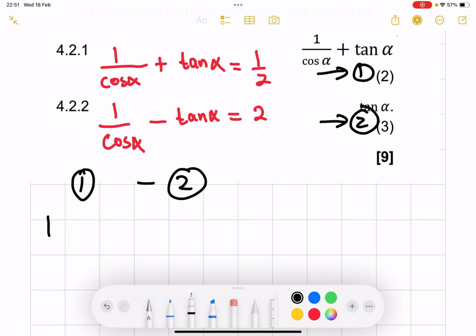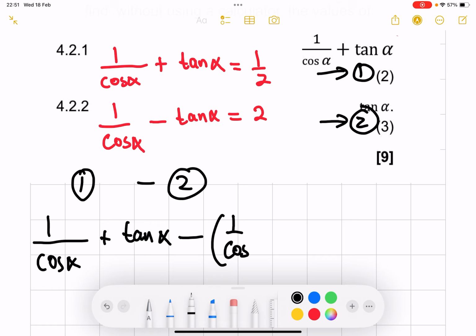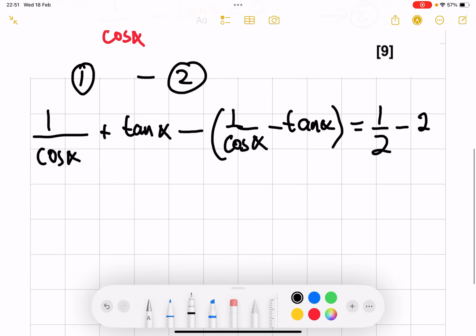So it's going to be 1 over cos alpha plus tan alpha. I'm writing the first equation and then we subtract the second equation, minus 1 over cos alpha minus tan alpha, is equal to half minus 2. On this side, this guy and that guy are going to cancel, because it's going to come out as negative 1 over cos alpha.